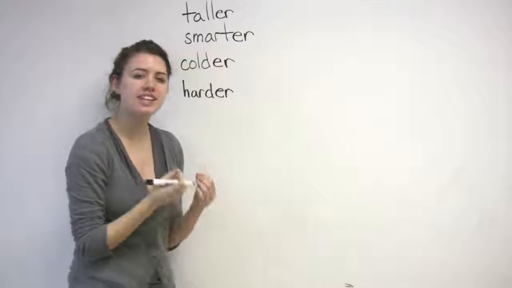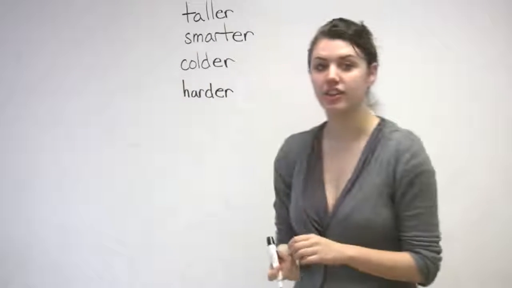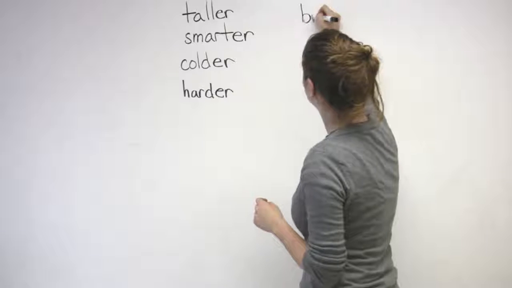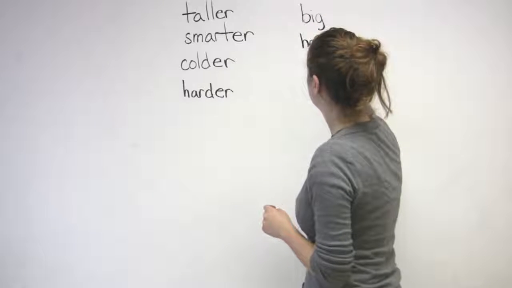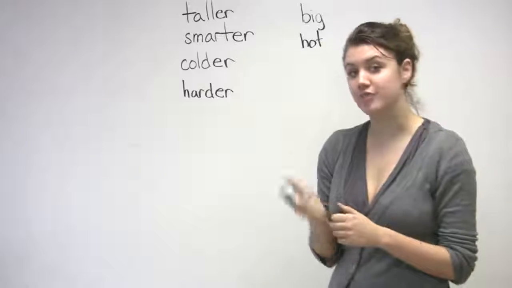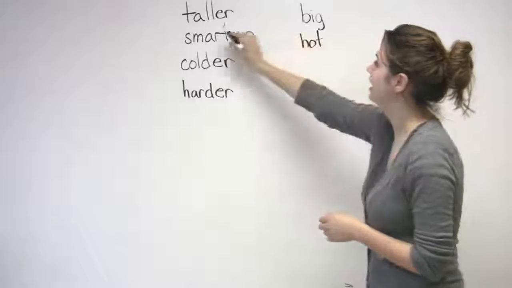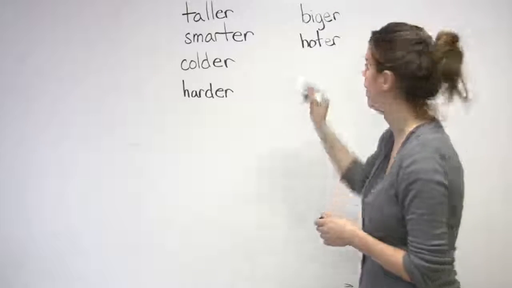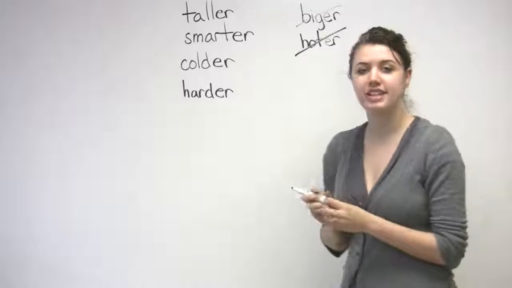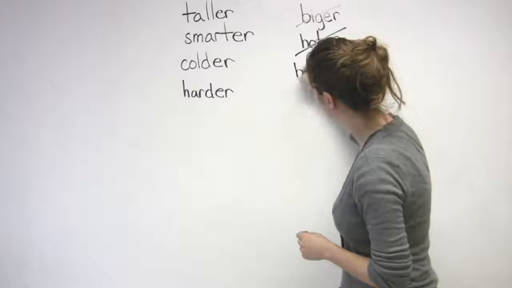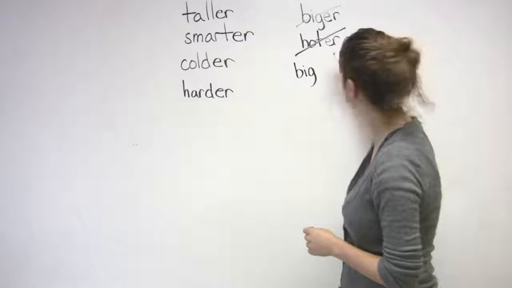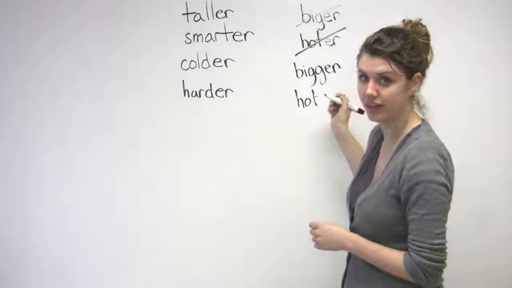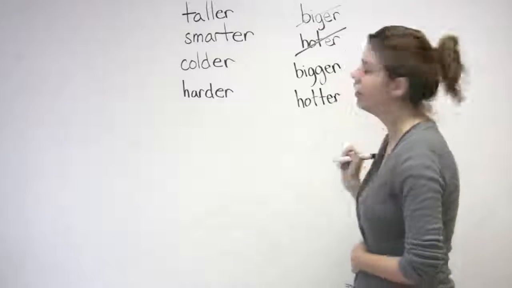harder. Now if it's an adjective that ends with a consonant, vowel, consonant, such as the adjectives big or hot, instead of just adding ER to the end like this, bigger, hotter, that's wrong. We need to double the last consonant to make it correct. So, big becomes bigger, and hot becomes hotter.